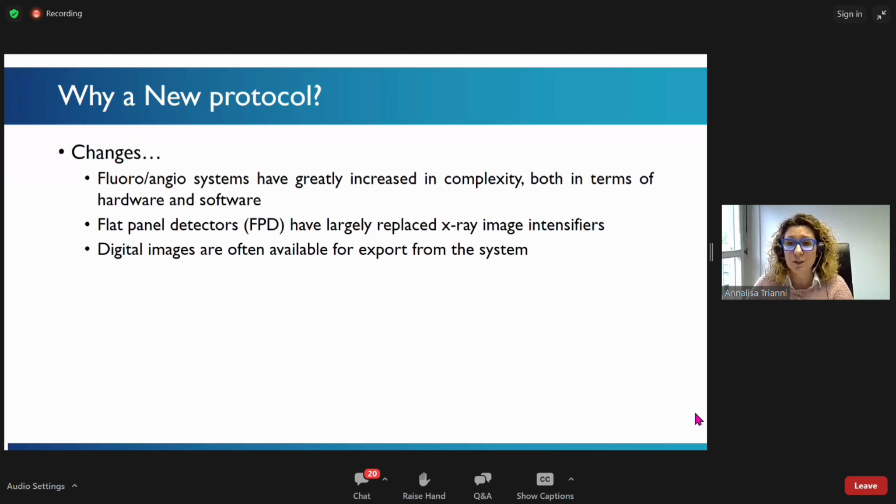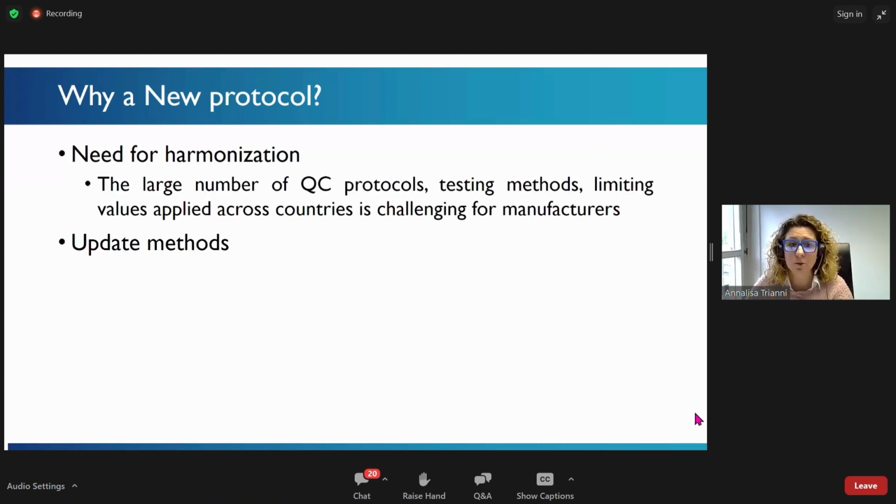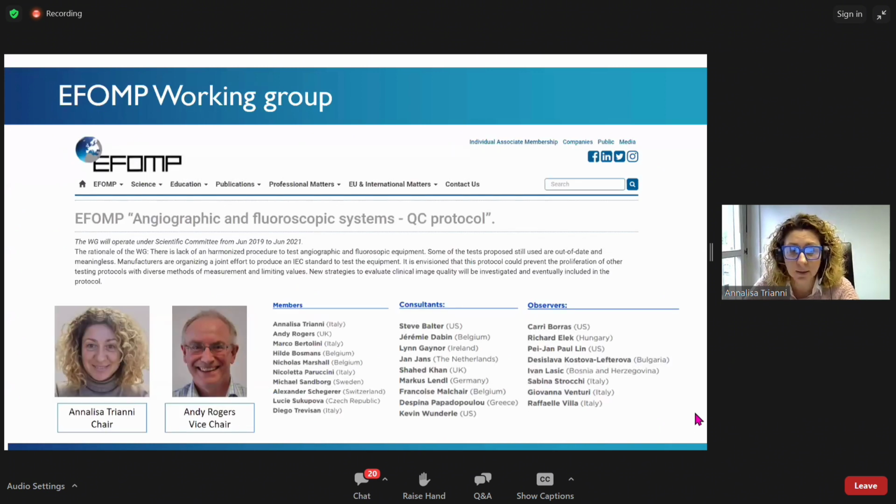So there was not just a need for harmonization, but there was also a need for updating the methodologies that were proposed before. That's why at the end of mid 2019, me as chair and Andy Rogers, who was the vice chair, started a working group with the scope of updating and harmonizing the quality controls that were available in the literature.